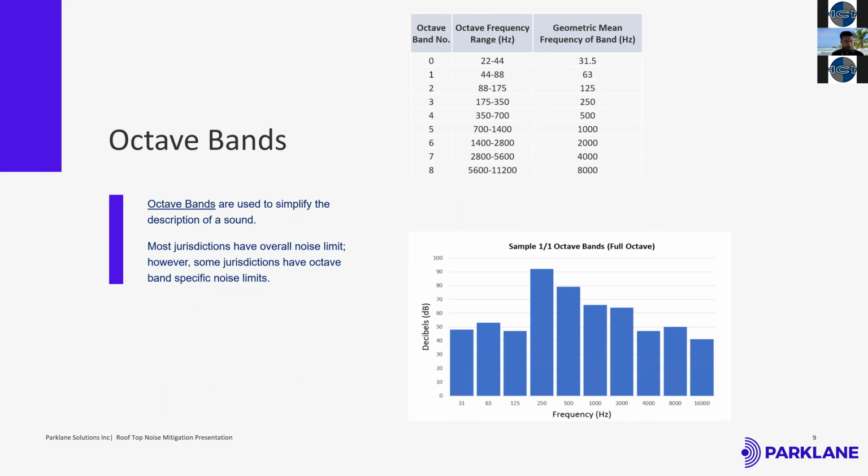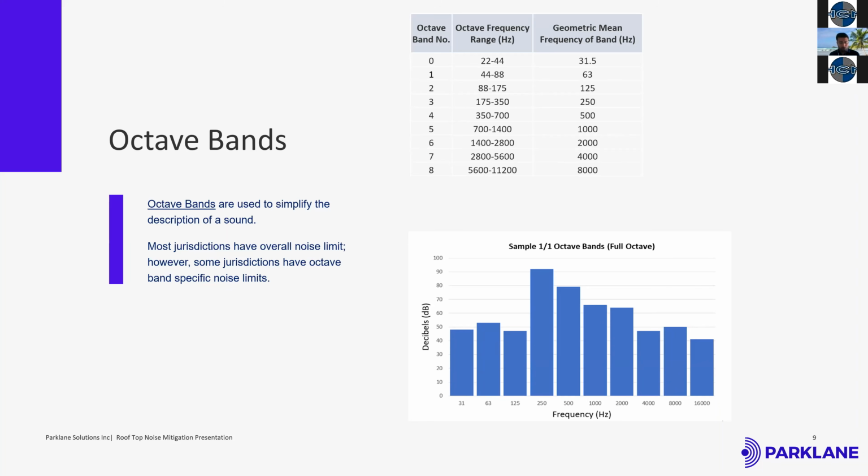All right, octave bands. Like I was mentioning earlier, overall sound can be distributed in multiple bands, typically defined in industrial standards between band number 0 and band number 8, which represent each of these mid-band frequencies.